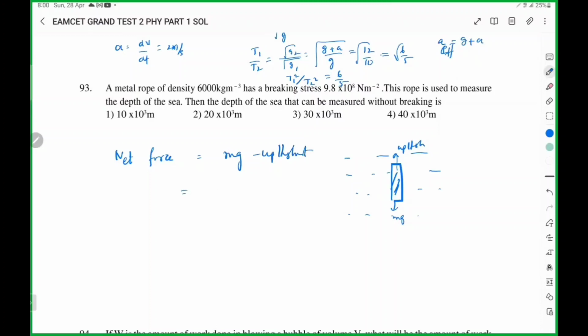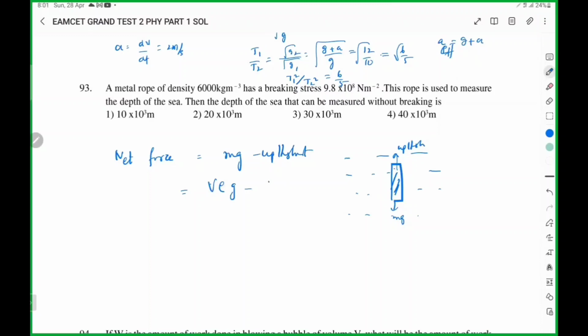So mg is for the metal rope in air. Its density is, let us say, rho, so mg is volume into density into g. Upthrust is the weight of the volume of water displaced.